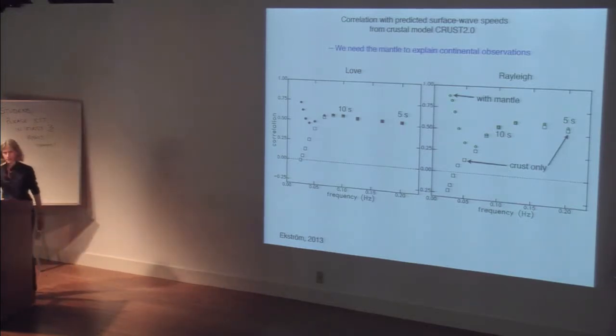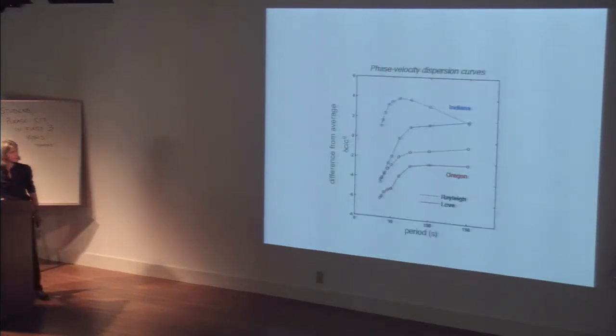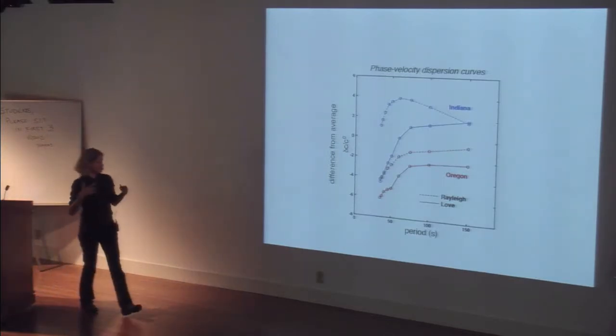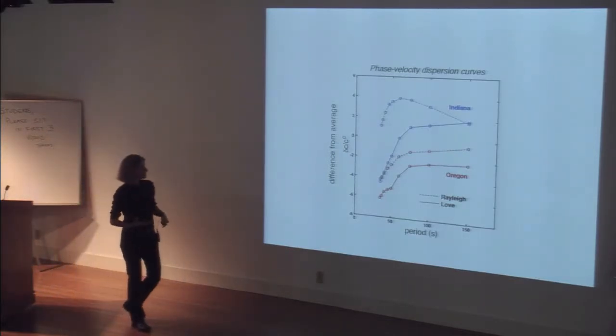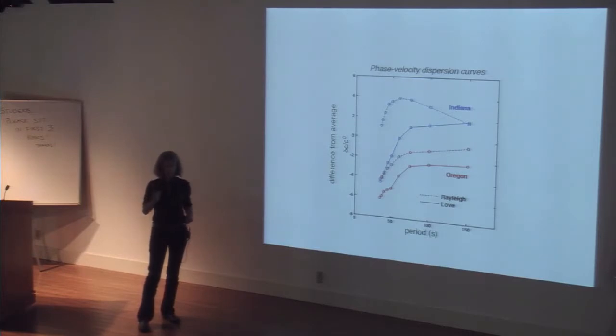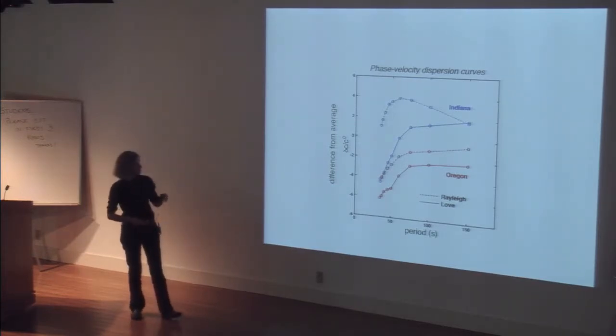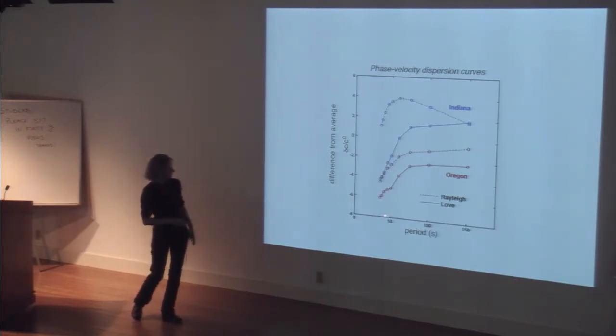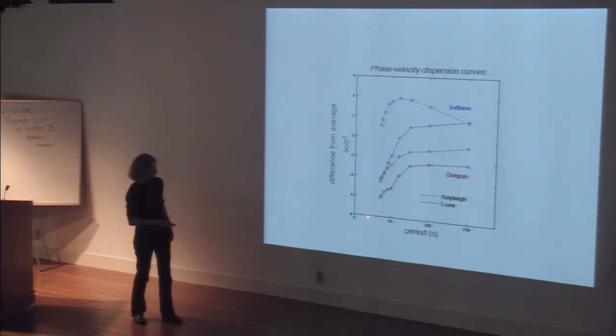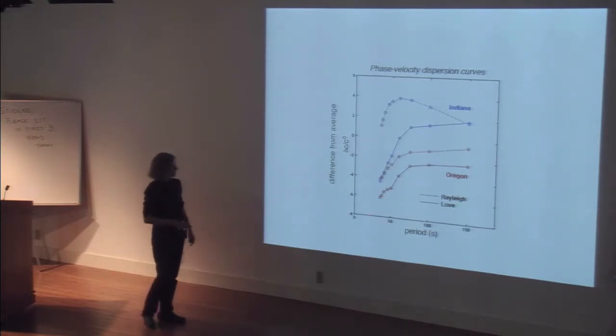You can also see the need for including the mantle in the continents if we just go and look at dispersion curves for particular locations. So these are the curves of velocity as a function of period, now at longer periods, going in the direction where you read to the right to get to longer period.